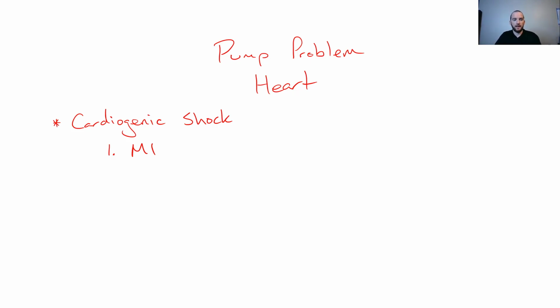Now we have that infarction, that dead spot of tissue on the heart, and that heart muscle isn't able to contract sufficiently to pump out enough of a blood pressure to circulate blood throughout the entire body. So it could be somebody has a myocardial infarction, that process actively happening, and they're going into shock because that heart is giving up and failing. Probably going to be your most common one that you'll get in scenarios.